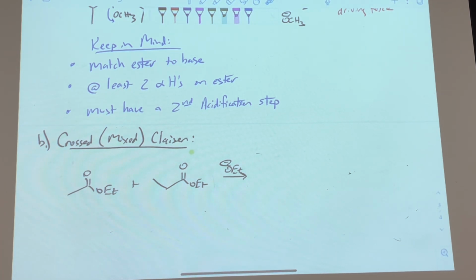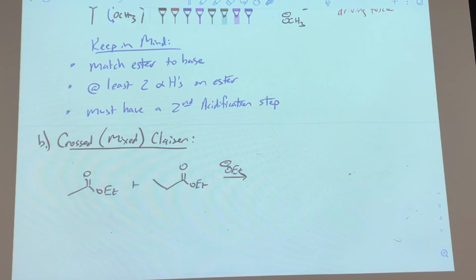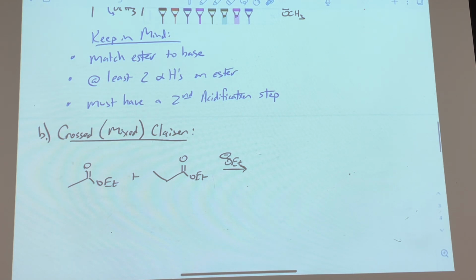This could enolize and attack the other ester. This could enolize and attack the 3-carbon ester. This could enolize and attack itself. Or this could enolize and attack itself. So if you did this reaction in the way I've written, you would end up getting 4 different products, and it's not a great way of doing chemistry. So we can use the same trick that we did with the aldols.